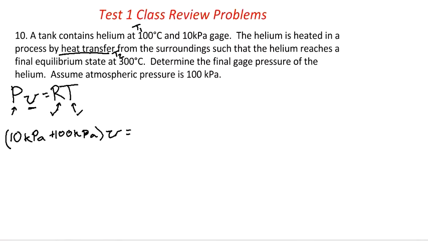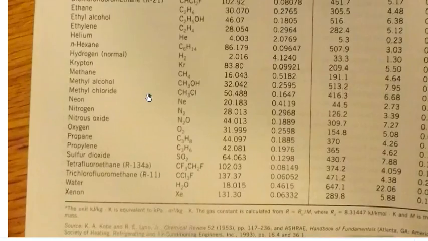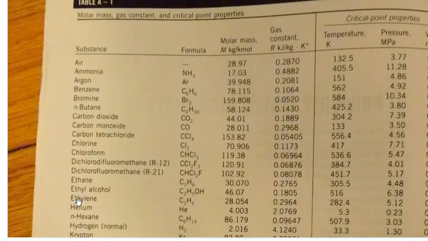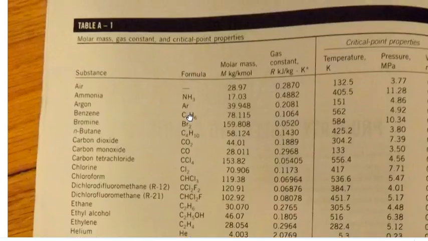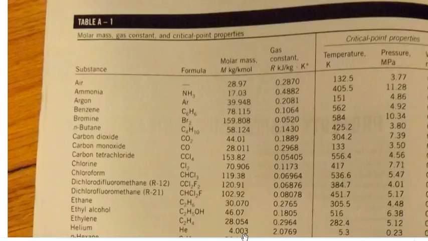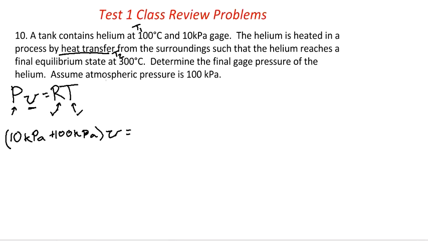Let's go back to that table we had open. R for helium this time, right? That's what we're looking at, right? Let me make sure. Yeah, this is helium. Alright. Our helium gas constant is 2.0769.